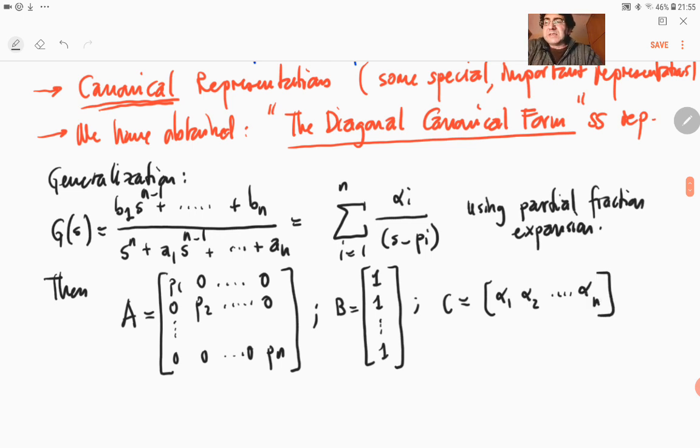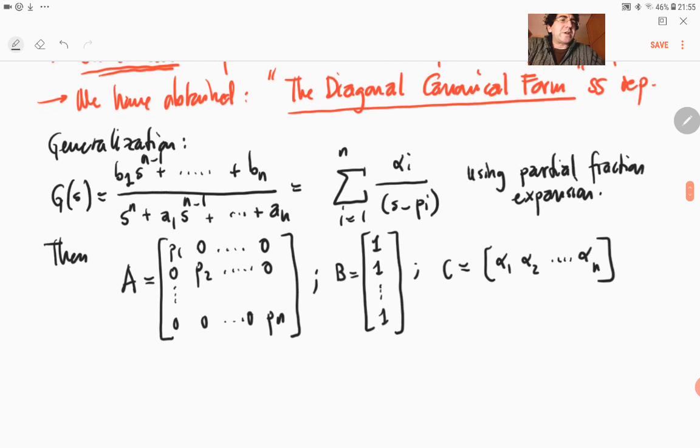Okay, so this is the diagonal canonical form in general.